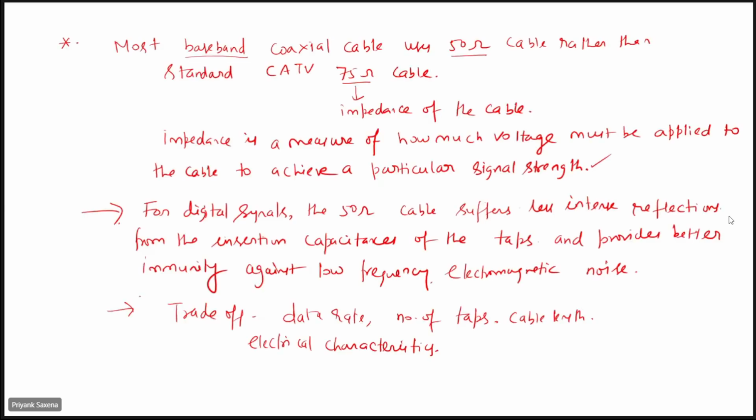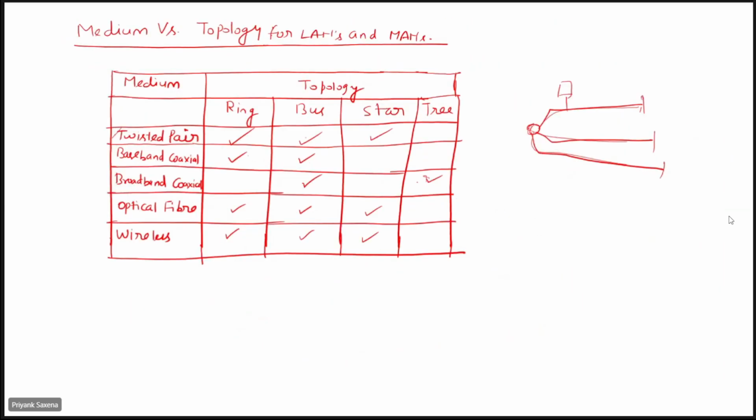Another thing I asked you was why the tree topology is not used here for the baseband. Because the tree topology has the nature of unidirectional data transfer, right?